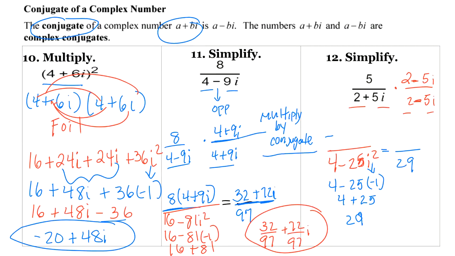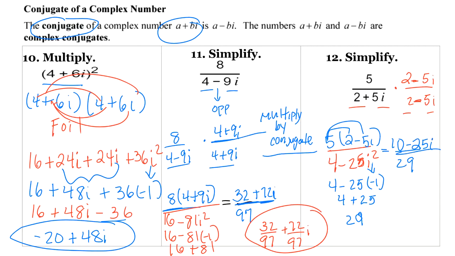Now I just have to multiply the things in the numerator. So I multiply 5 times the quantity 2 minus 5i. So 5 times 2 is 10. 5 times negative 5i is negative 25i.